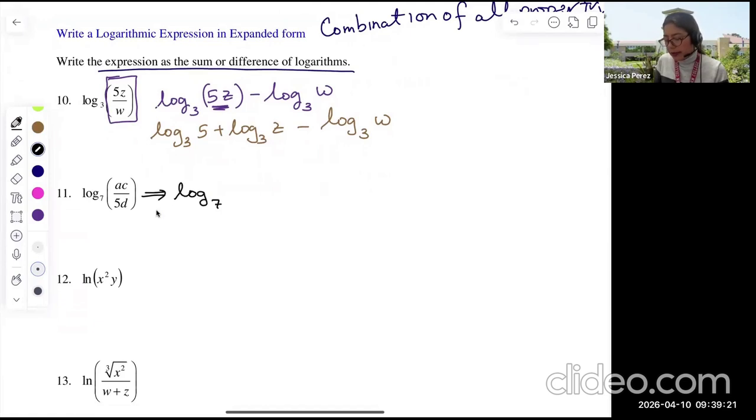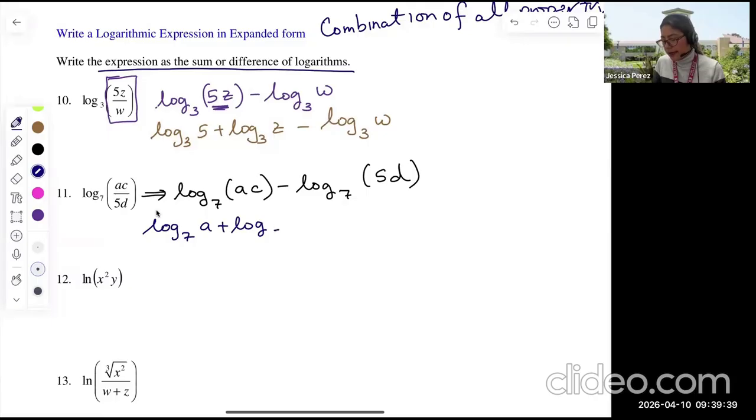Now, similarly, I will have log base 7 of AC minus log base 7 of 5D. Now I have two products, so I have log base 7 of A plus log base 7 of C minus, I'm going to put a bracket because the subtraction will go in front of log base 7 of 5 plus log base 7 of D. See how I'm splitting the 5 and the D, the A and the C?